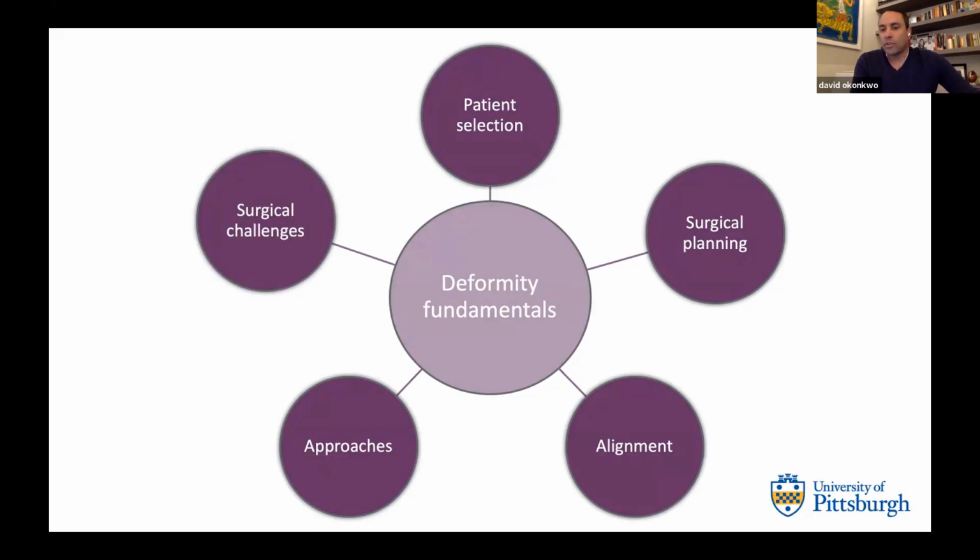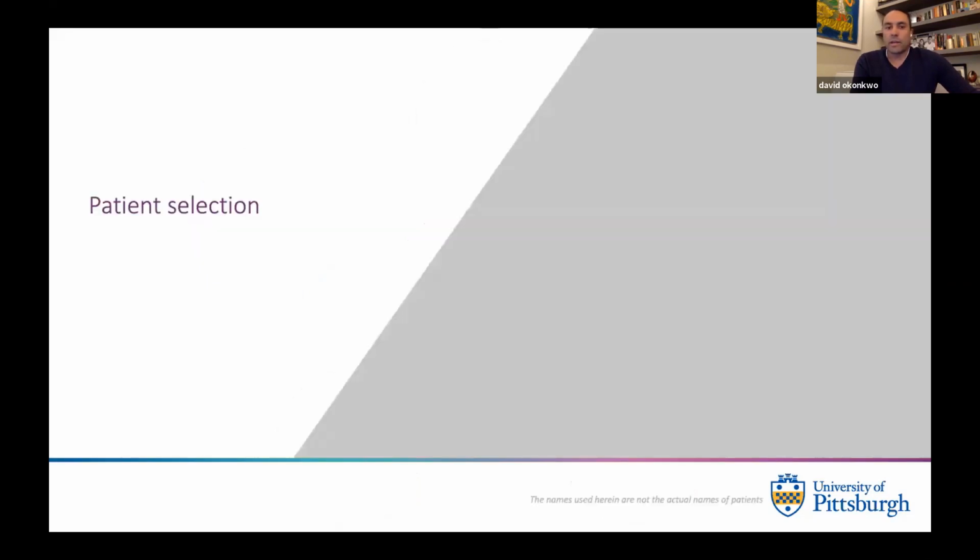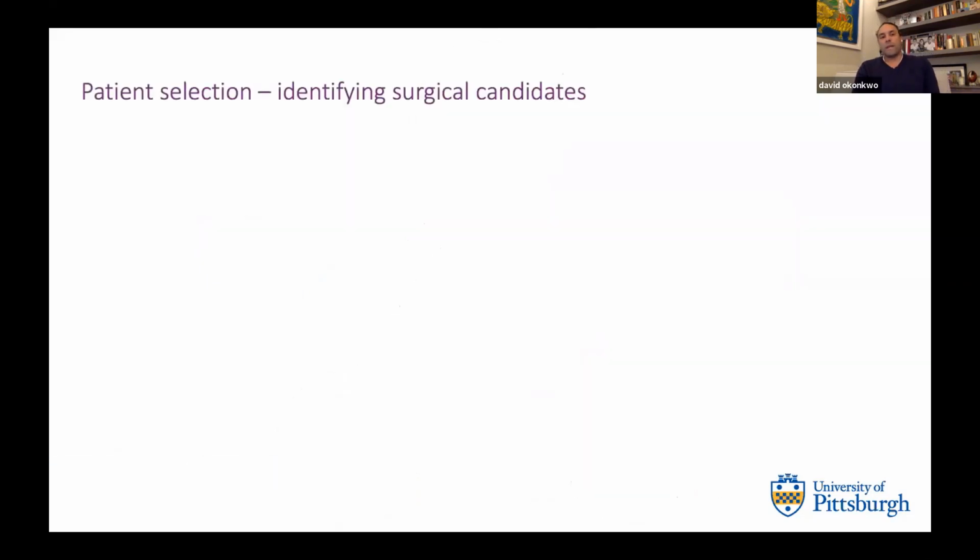And then there are also surgical challenges that we will all encounter in the operating room that we need to overcome. But if we start with patient selection and identifying surgical candidates, this is one of those things that for me really only came at the very, very end of residency, and frankly, I didn't get enough of, and I had to spend a tremendous amount of time maturing my approach to clinic and my approach to patients in the outpatient setting.